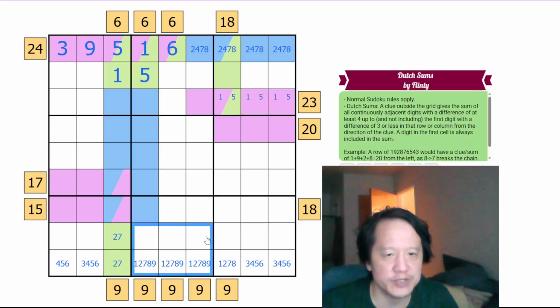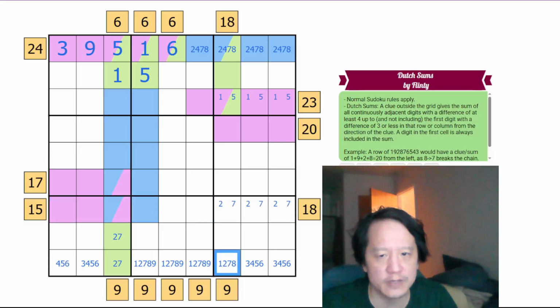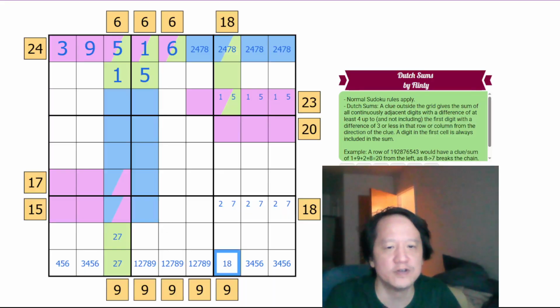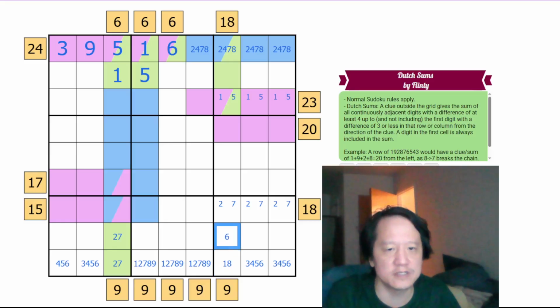One of these is going to be 2 and 7. So where's 2 and 7 in row 7? It has to be here. So this is 2 and 7. That eliminates 2 and 7 in the rest of the box. So this is 1, 8. It could be 1, 6, and 2, or this is 1 and 8 there.